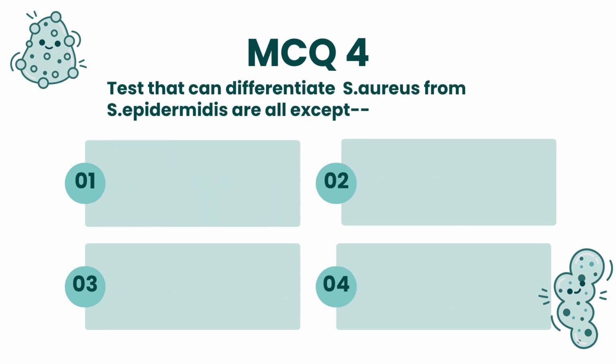Question number 4. Tests that can differentiate Staph aureus from Staph epidermidis are all except. So mind it, here is except. Three of the tests will differentiate between the two, but one of them will not. Which test is that? Coagulase test, catalase test, mannitol fermentation, and beta hemolysis.